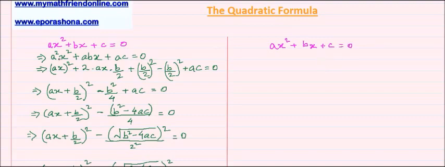We have multiplied this entire equation by the coefficient of x square, and we have got a square x square plus abx plus ac equal to 0. She said that if we divide this entire equation by a, we will be getting x square, which is a square term. We want a square term as the first term.